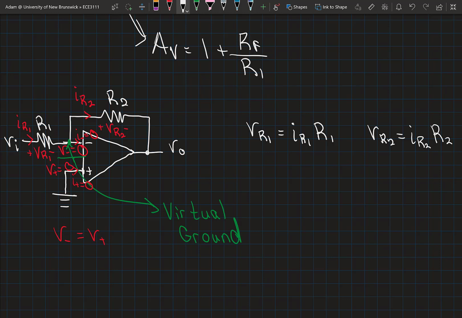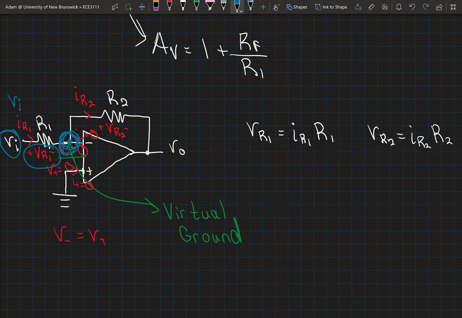You might note that the voltage VR1 is equal to the input voltage VI. Why? Because this point at the inverting terminal is 0, so this voltage VI is the voltage at the input with respect to ground.